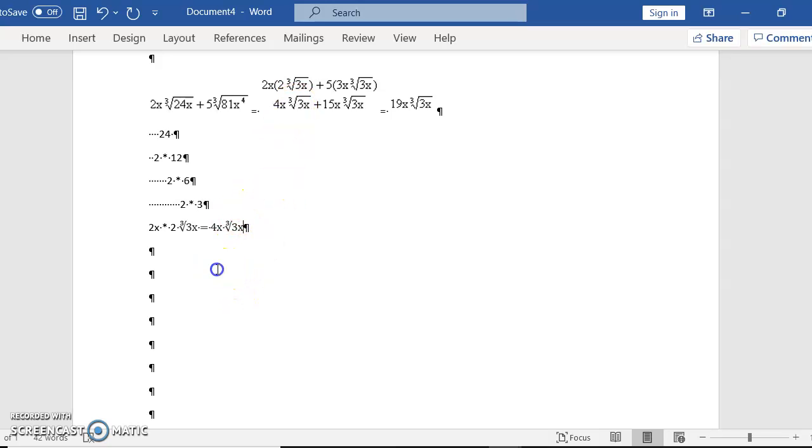Okay, so let's look at the next one. The next one is 81. Well, that's very simple. You know that the square root of 81 is 9, because 9 times 9 is 81.